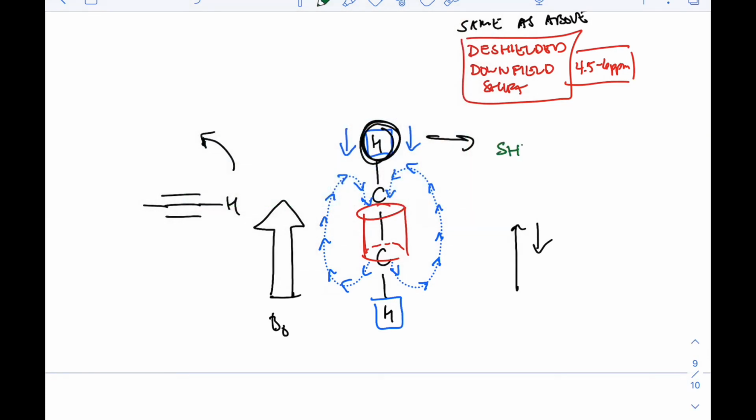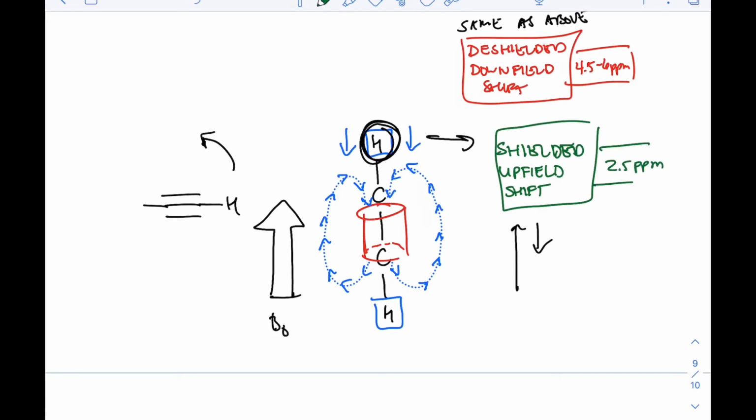Now let me draw this one in green or something, so that way you can distinguish between the sp2 CHs and the sp CH. So it is a shielded proton now, and what that means is that it is an upfield shift. Okay, and this guy was around 2.5 ppm, right?